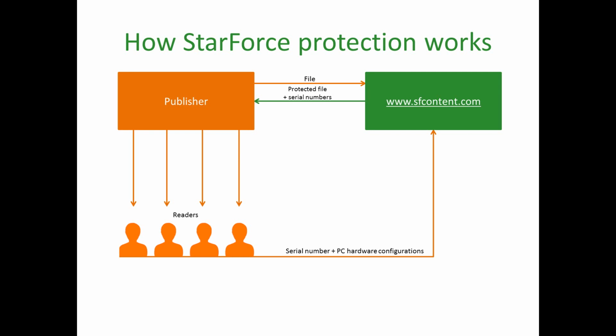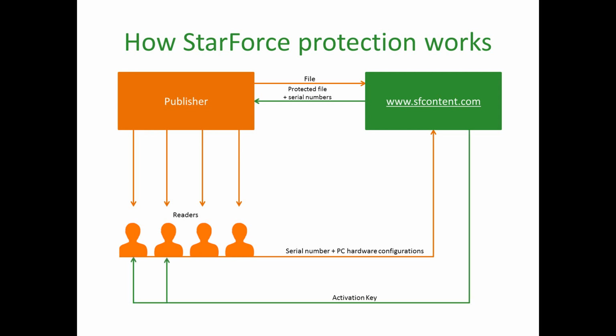If a serial number is correct, the system binds it to the parameters of the device. The server, in return, sends an activation key. It means a serial number is activated on some user device, and after it a publisher can see activation reports in his account.